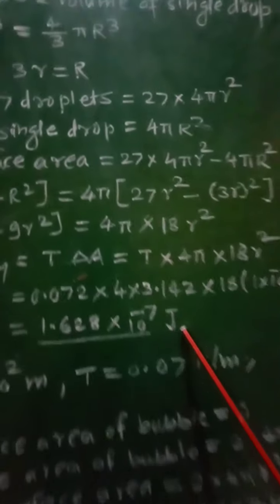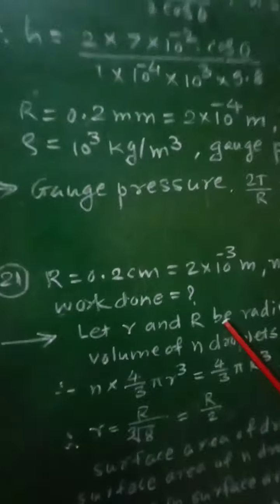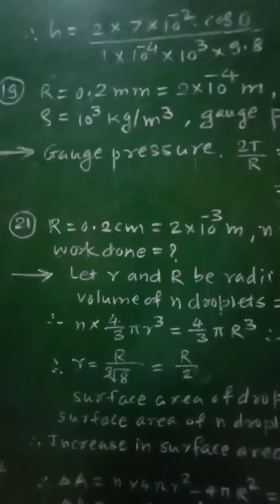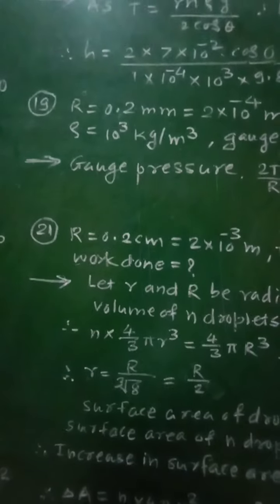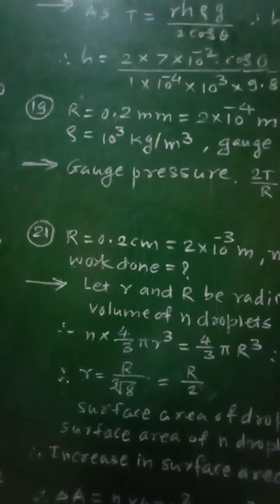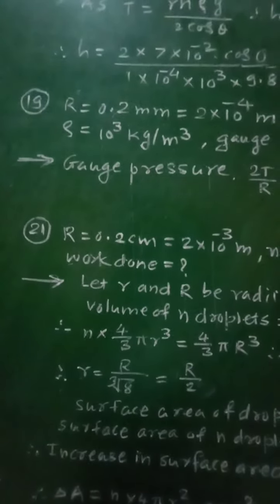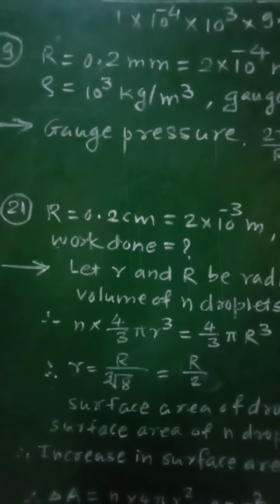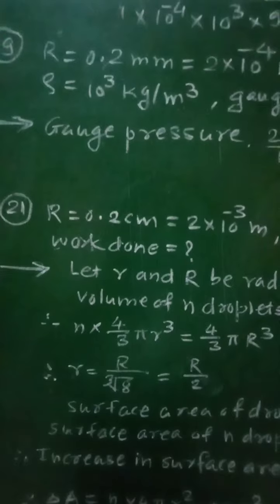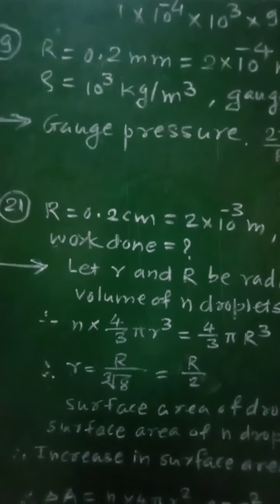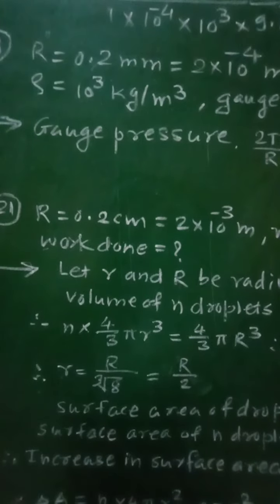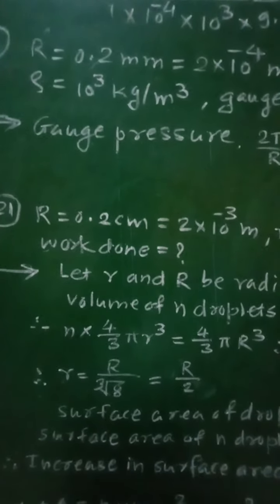Then we will go for numerical number 21, which is given as: a drop of mercury of radius 0.2 centimeter is broken into 8 droplets of the same size. Find the work done if the surface tension of mercury is 435.5 dyne per centimeter.